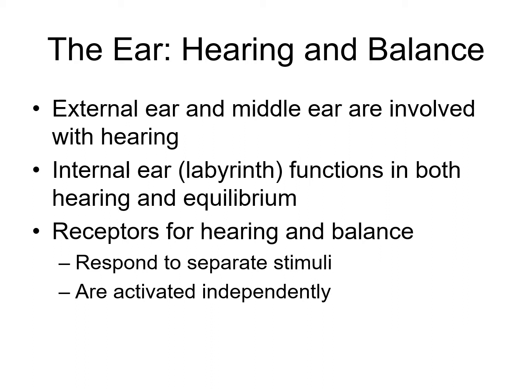But as I said previously, the vestibular nerve and the cochlear nerve will eventually join together into cranial nerve number 8, the vestibulocochlear nerve, which carries both equilibrium and hearing signals into the brain.